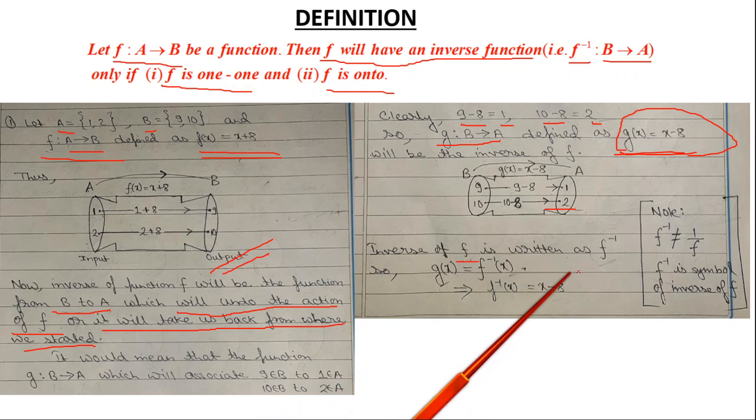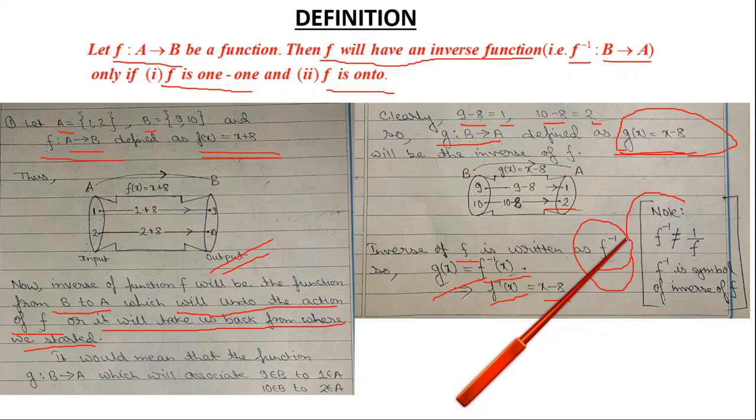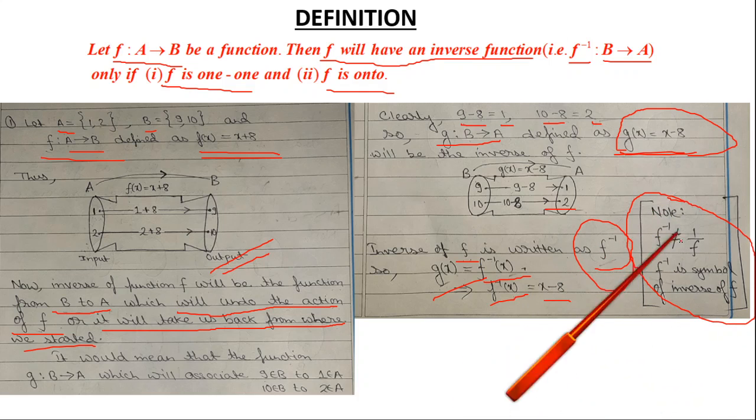Inverse of f is written as this, it is read as f inverse. So g of x is equal to f inverse of x, and f inverse of x is equal to x minus 8. We must note over here that this is not equal to this. This is simply a symbol of f inverse.